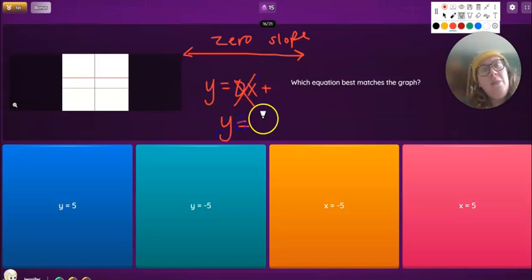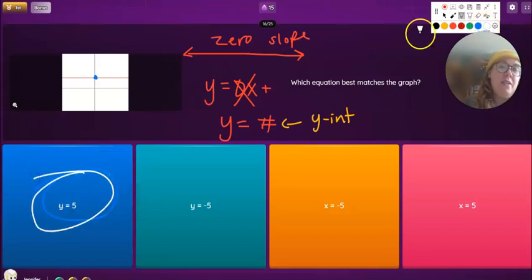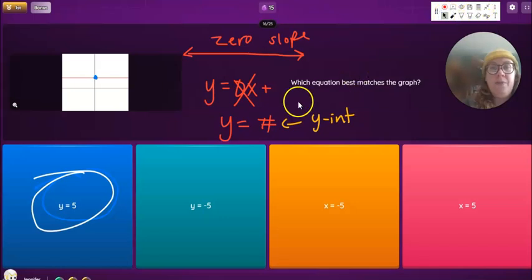So the equation ends up just being y equals a number. And that number is whatever our y-intercept is. So looking here, our y-intercept is above 0. So we're going to have y equals a positive number. And we see that over to the left with y equals 5. Beautiful.